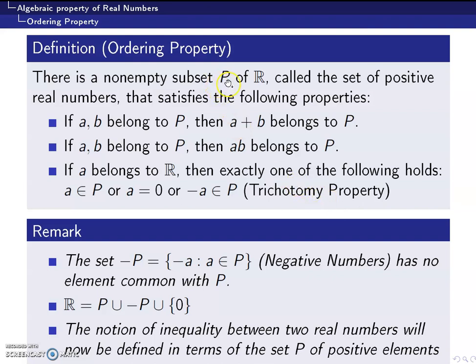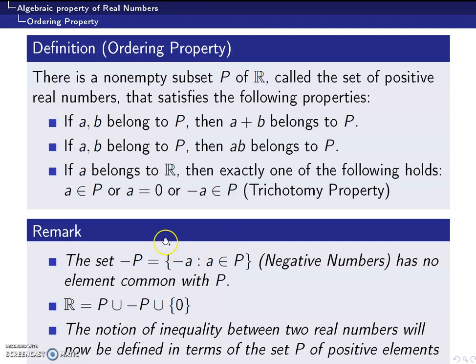In other words, in the case of real numbers, ordering means there exists a class of subsets called the positive real numbers, which is closed under addition and closed under multiplication, and every real number is either in P or equal to 0 or its negative is in P. Using this ordering property, we define a partial order, less than or equal to or greater than or equal to, in the case of real numbers.